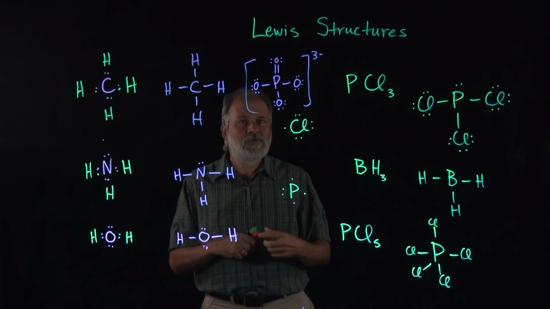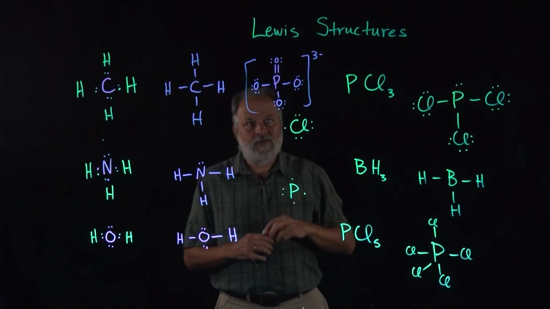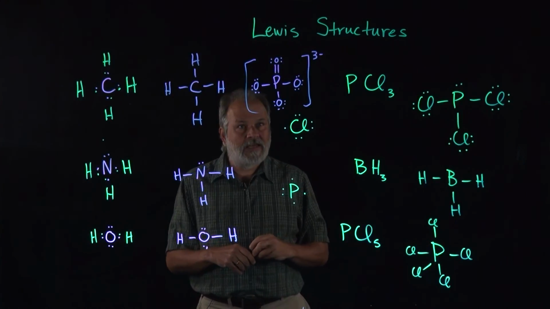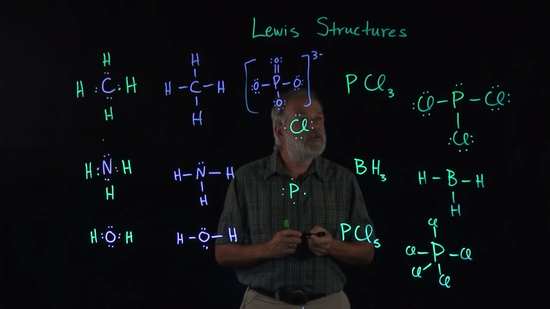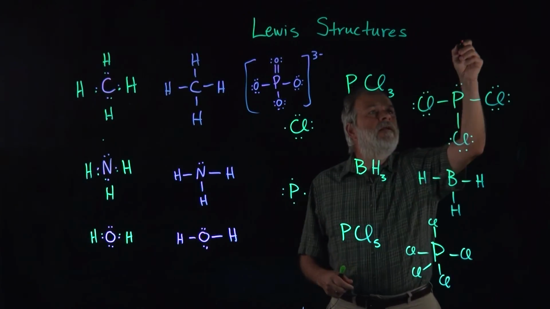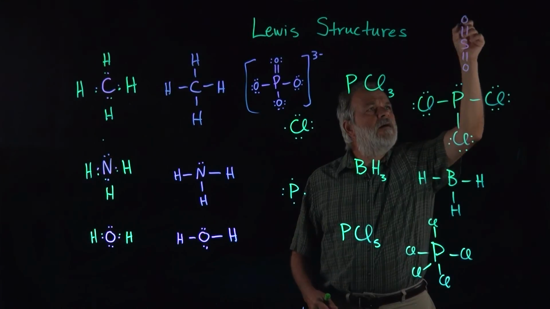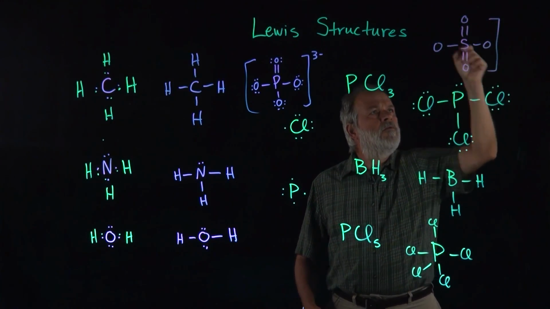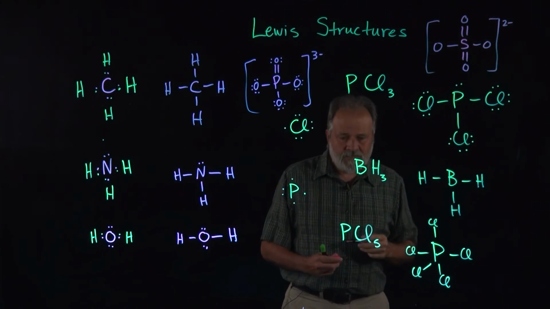Now you could draw a Lewis structure where they're all single bonds and 3 lone pairs on the oxygen. So there are some textbooks that actually draw it this way. The other is sulfate, which I'm going to squeeze in up here. You could draw one with all single bonds, but it's also very common to see sulfate, which is SO4 with 2 extra electrons, 2 minus.